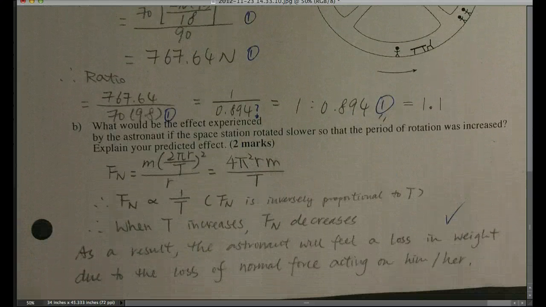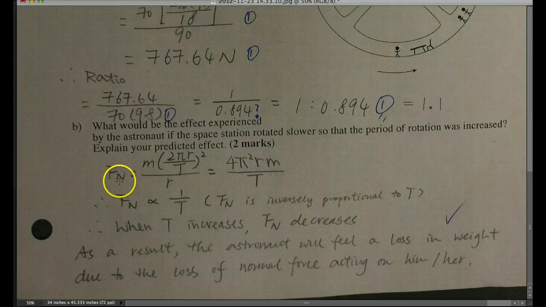Okay. Oh, and one last thing about this question. If the space station rotated slower, so that the period increased, when you rotate slower, you should have less centripetal acceleration, which means you need less centripetal force.